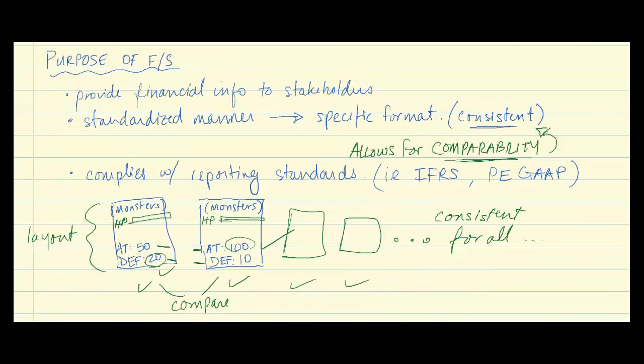So first of all, what is the purpose of financial statements? Similar to the purpose of financial accounting as we covered in the first video, it is to enable decision making first of all. So let's go ahead and write that down. To enable decision making. And we covered the topic of stakeholders in the last video. You had managers, which are a type of internal stakeholder.